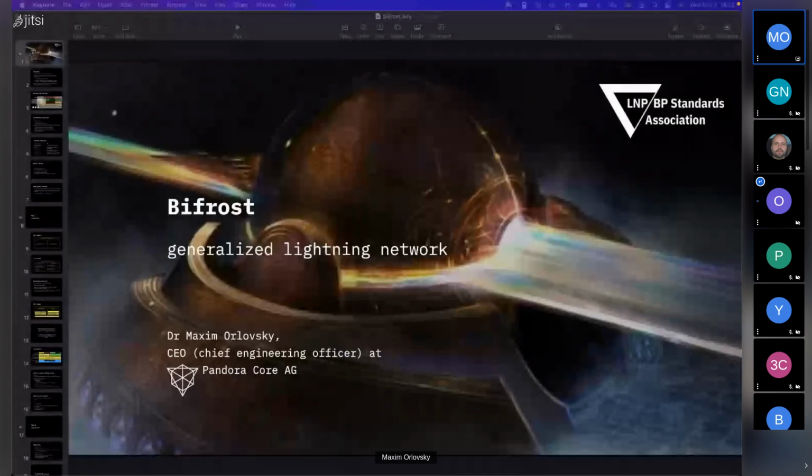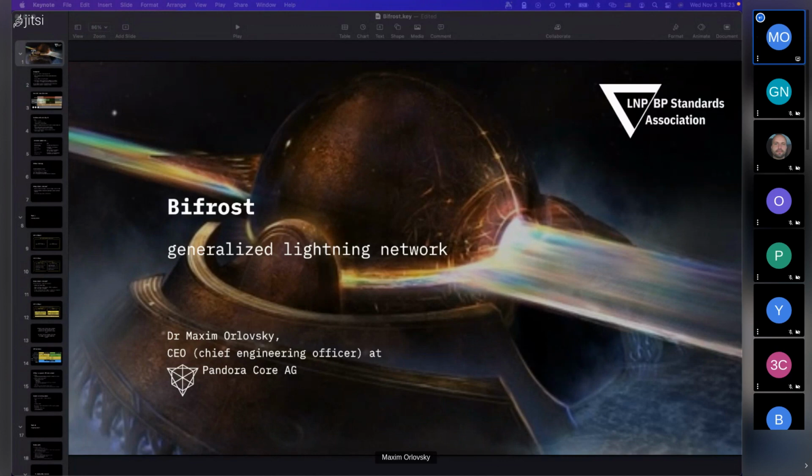How will nodes be incentivized to store Bifrost data? Well, basically, there are several ways. The most simple way is a prepaid storage. So you ask a Bifrost node to store some data for you, and you provide the Bifrost node with a payment in satoshi using just a normal Lightning Network payment. This can be used, for instance, when you need to store the state of your channel, backups of your channel, backups of RGB data, or you would like to store some pieces of information from your machine, even as a form of backup.